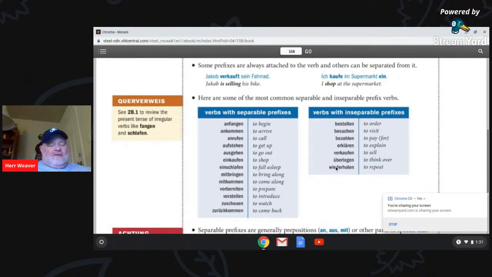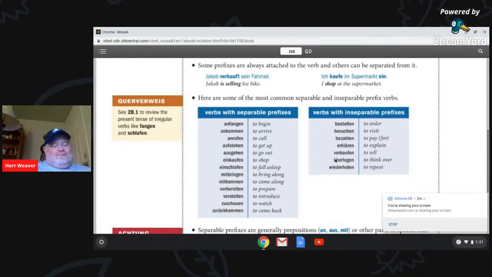What's in front of it is the prefix, but the prefix stays with the verb no matter what. In a lot of ways, it's just a verb that we might already know, like kaufen, with a few letters tacked on at the beginning. You treat kaufen the same way you treat verkaufen. There's not a whole lot to say about that other than to recognize the prefix, the BE, the ER, the VER. Those are inseparable.